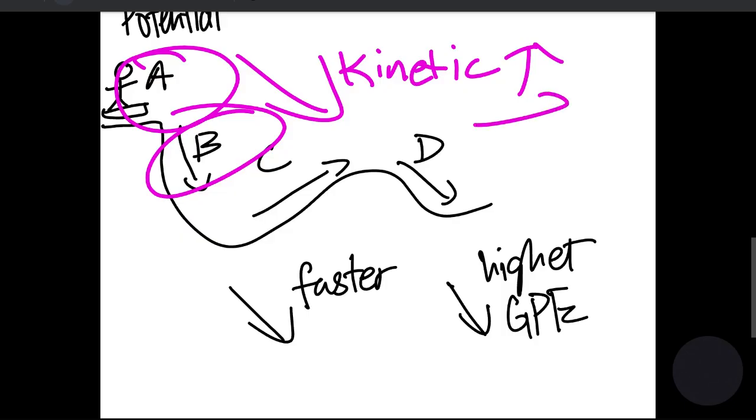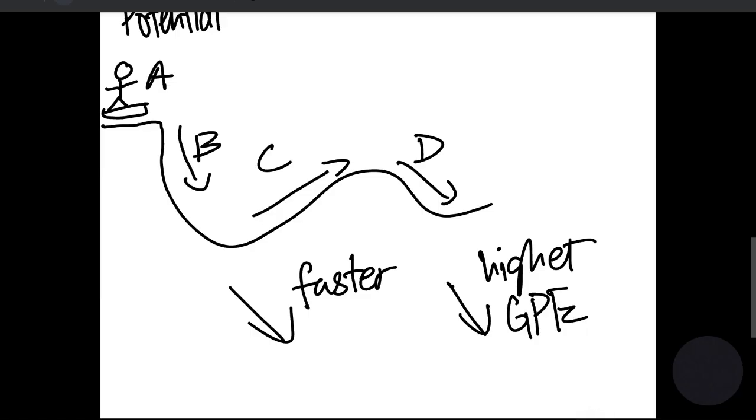And now, that means that gravitational potential energy is decreasing. So let me rewrite that. Gravitational potential energy is decreasing as it is not staying at the same level.